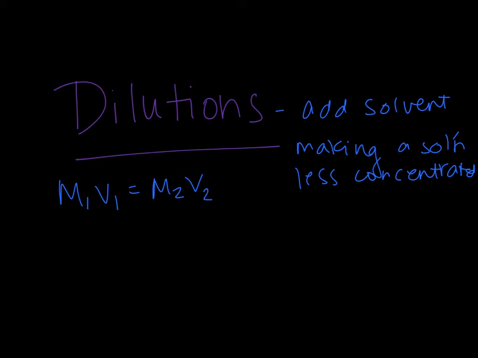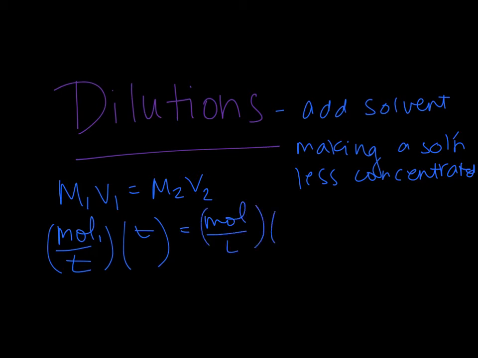But the main thing that you have to know about dilutions is that if you have molarity, which is moles over liters, and you multiply it times volume, which is liters, all you really have is moles. And so you're doing this on both sides. So what it's saying is that the moles before the dilution is equal to the moles after the dilution.